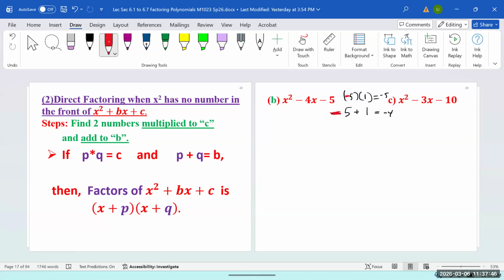So once you figure out your two numbers, your life is easy. All you have to do is put them together as a binomial. We write x and x for both. So x times x is x squared, and our -5 is -5 and +1.